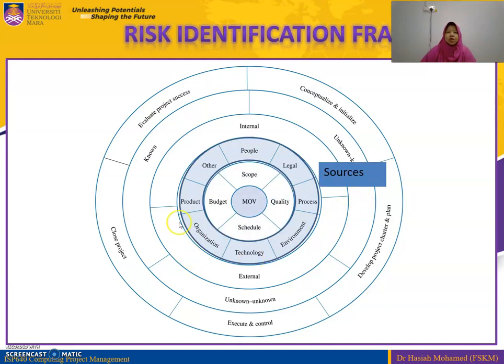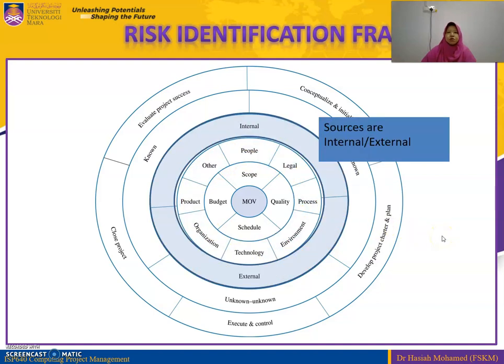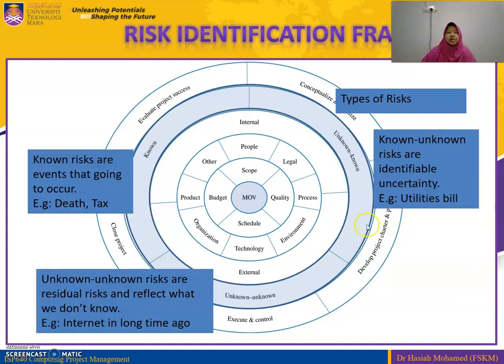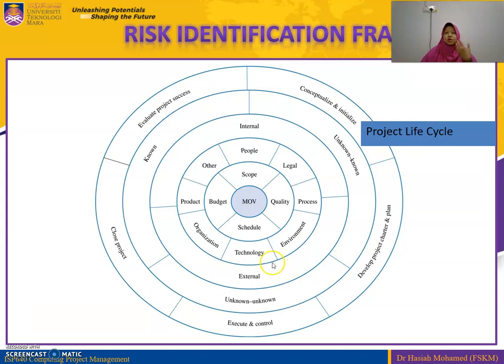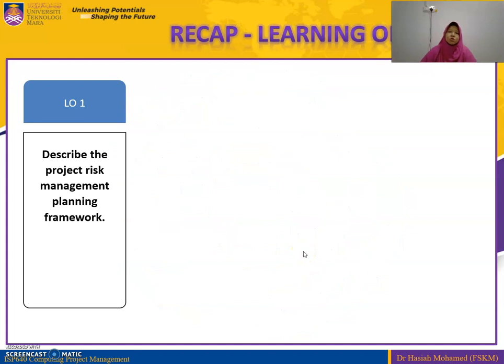Then we look at the sources: product, people, legal, process, environment, and internal and external. The next one is type of risk: known and unknown. Known risks are events that are going to occur, and unknown risks are residual risks that reflect what we don't know. We also take a look at the project life cycle.